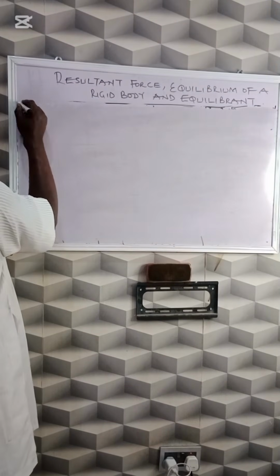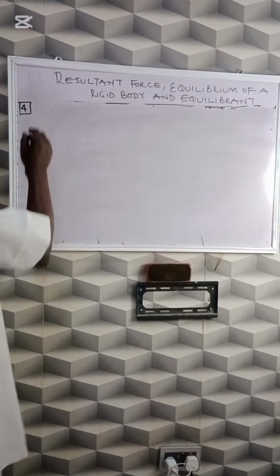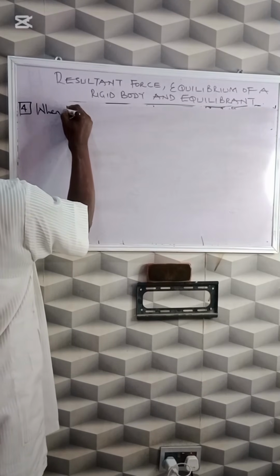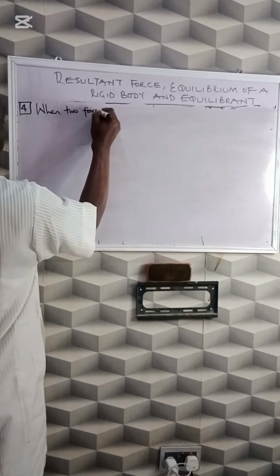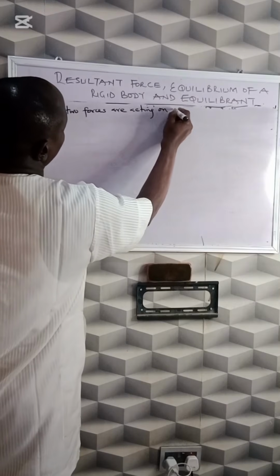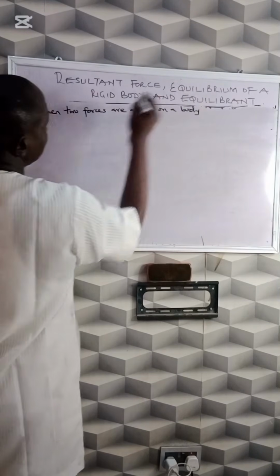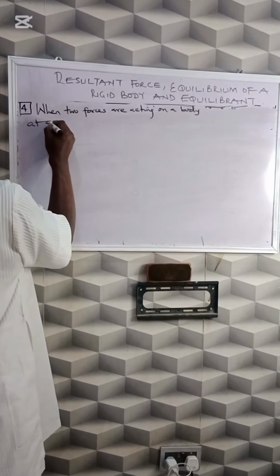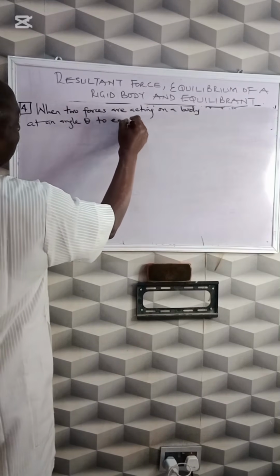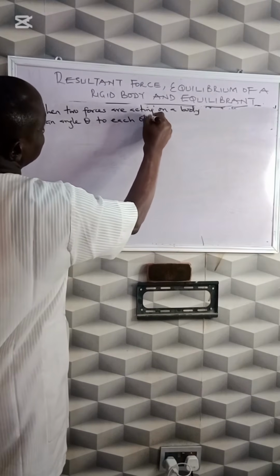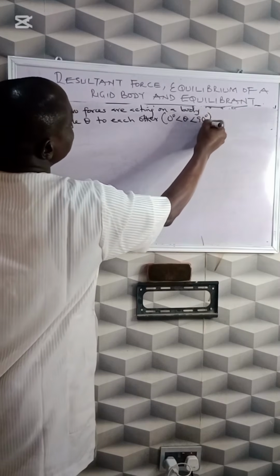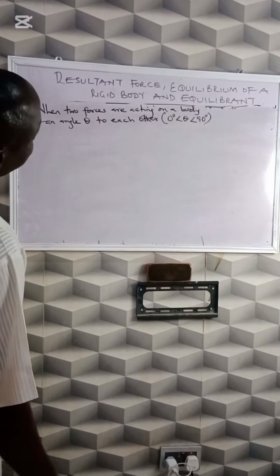Case 4. When two forces are acting on a body at an angle theta to each other, where theta is greater than 0 degrees and less than 90 degrees, meaning acute angle theta.